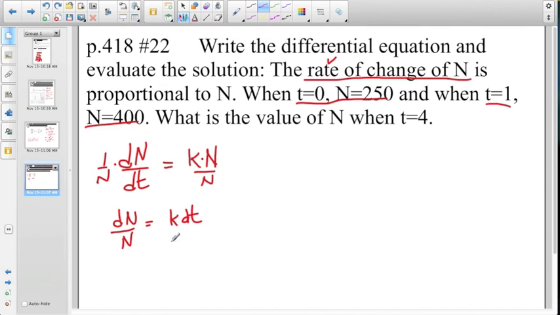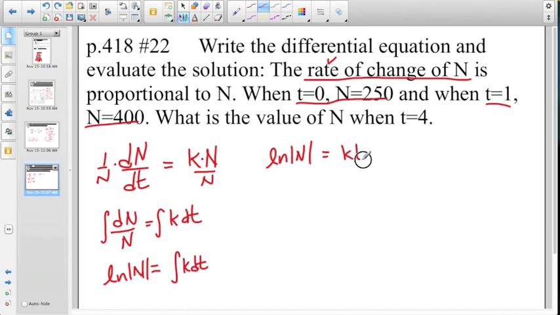And so we have the natural log of the absolute value of n equals the integral of k dt. So that's what we get when we integrate both sides. And so we're looking at the natural log of the absolute value of n equaling kt plus a constant of integration.